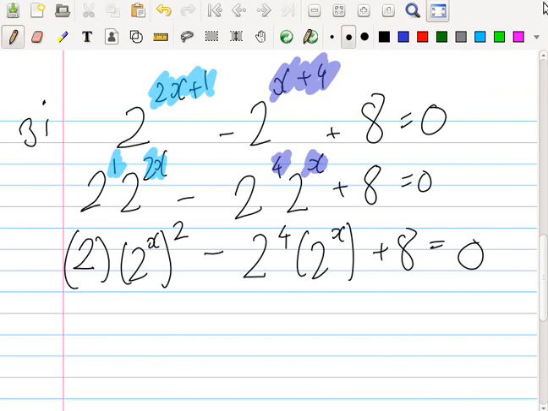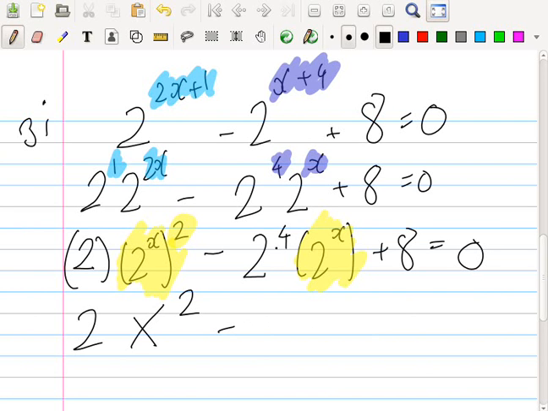I want yellow. There now. I have something squared and then another something. In other words, it's like I have 2 with a something squared minus, in fact I don't really need to keep this as 2 to the 4.